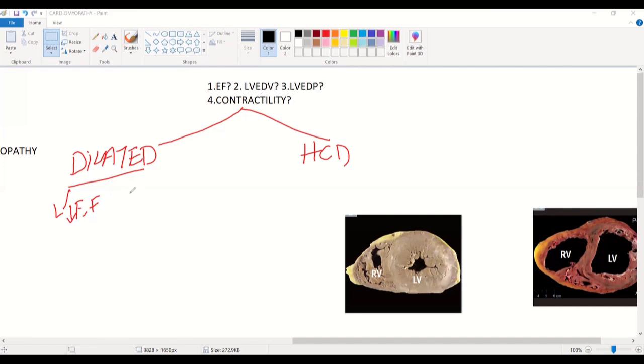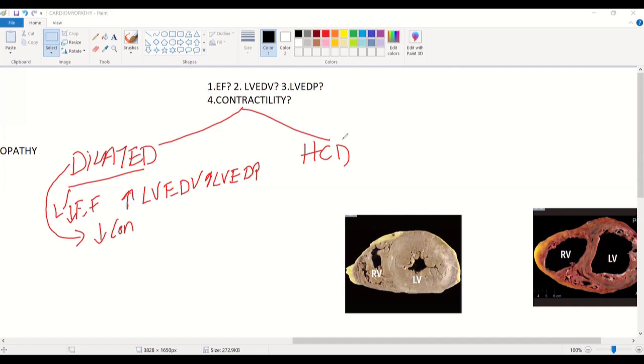Increase. This is high yield. What about left ventricle end-diastolic pressure in dilated cardiomyopathy? It is going to increase. What about the contractility? Decrease. So this is high yield.